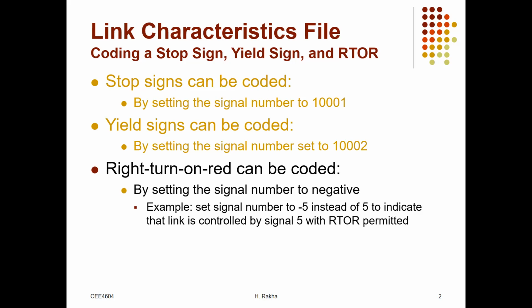You would indicate that the exit privileges of this link are controlled by traffic signal 5, for example, and it could discharge during phases, for example, 3 and 4. Okay, so that's the max you can do. But those settings apply to all the movements on that link. So basically, that link can discharge during phases 3 and 4, and all movements can discharge during 3 and 4.